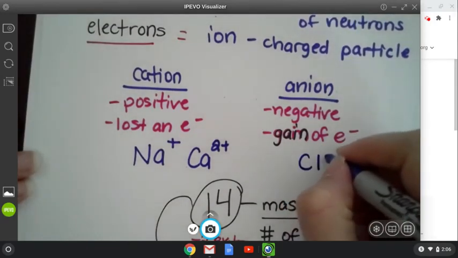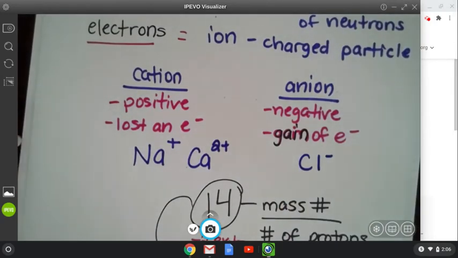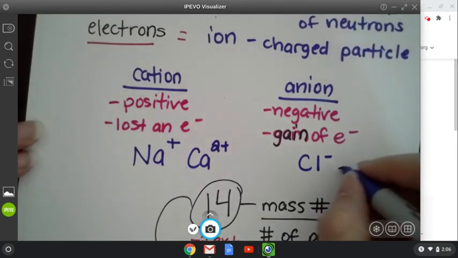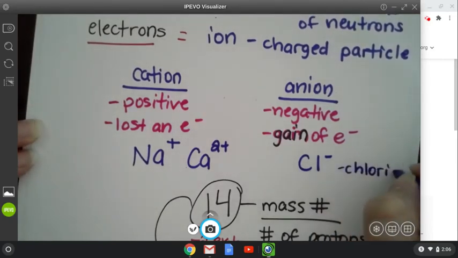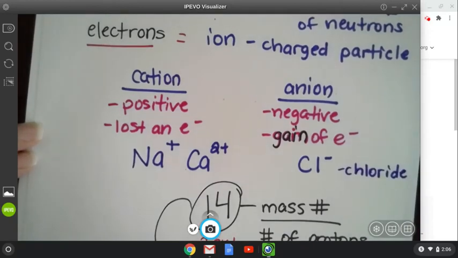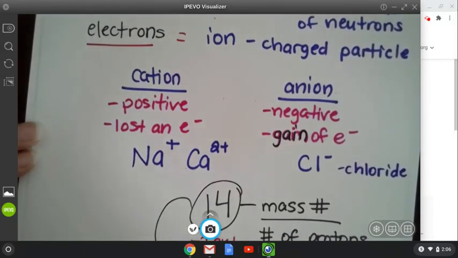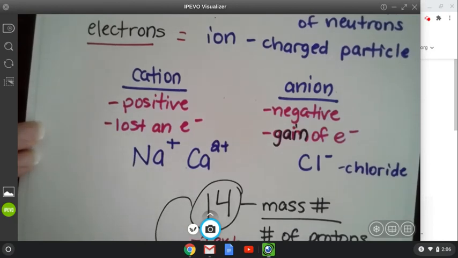Anions, when we say anion, it actually has "ide" at the end. So instead of chlorine, it's chloride, nitride, oxide, fluoride, iodide. So you've probably heard of sodium chloride before, and that's why it's "ide" at the end. But anions are going to be represented by a negative value.